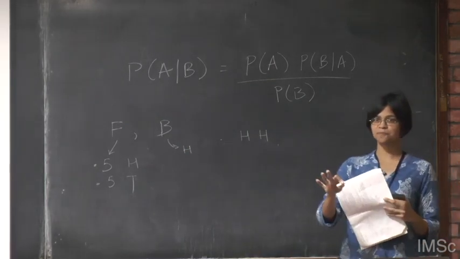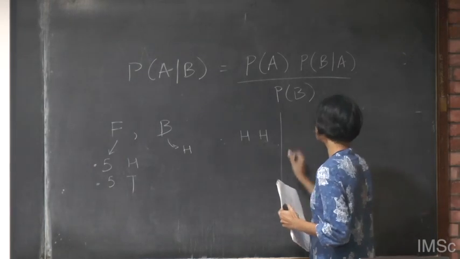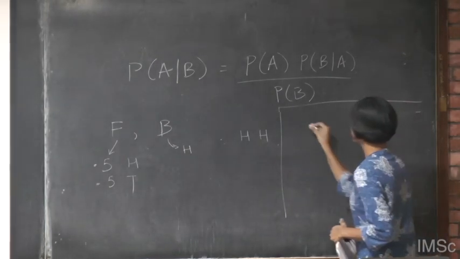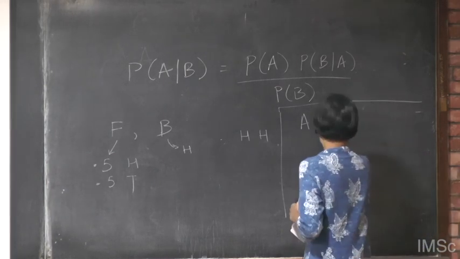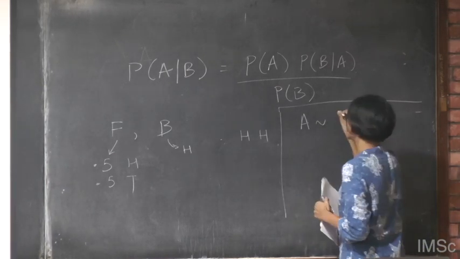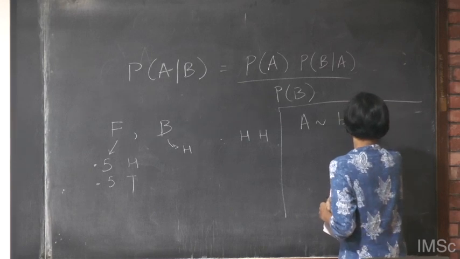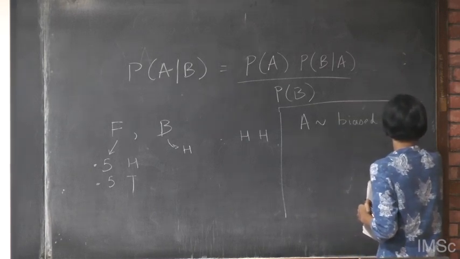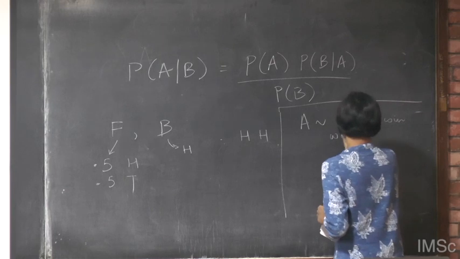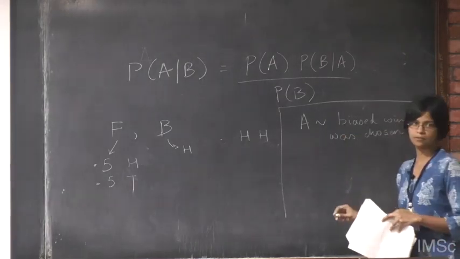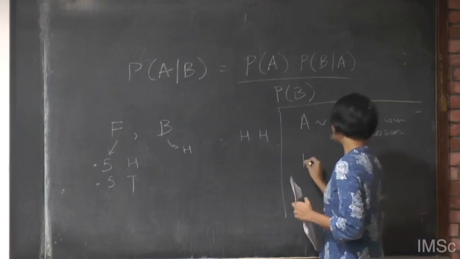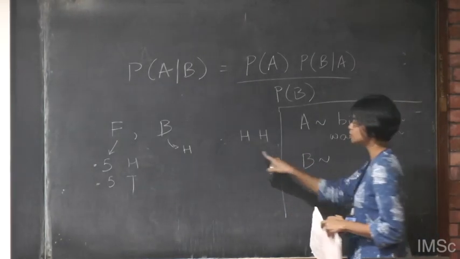Did you understand the problem? Let me define it in A and B. So A is the event that you did choose a biased coin, and B is the event that you got two heads.